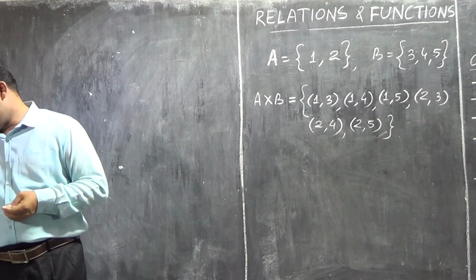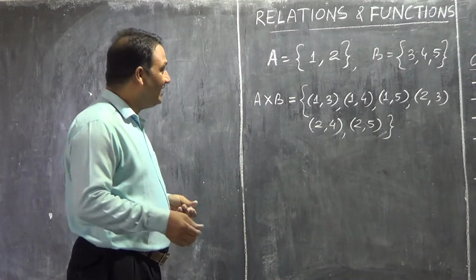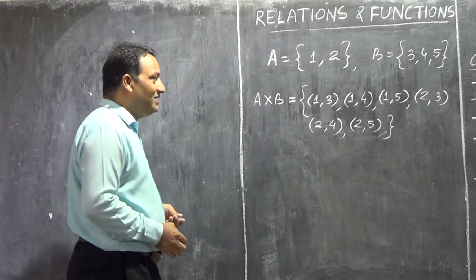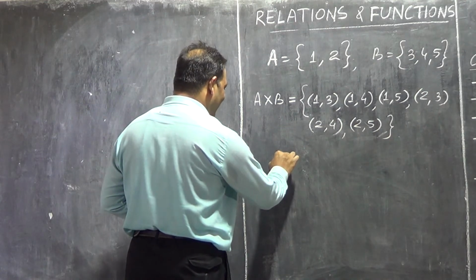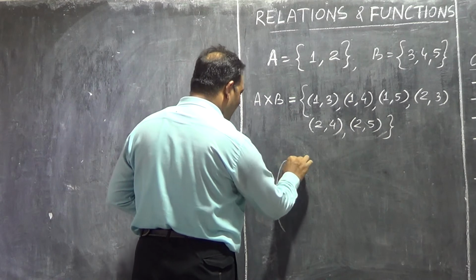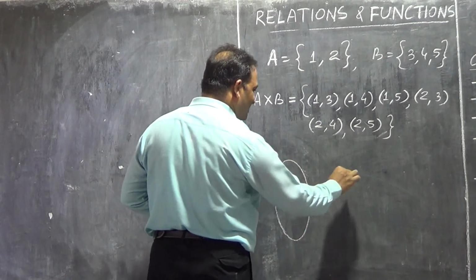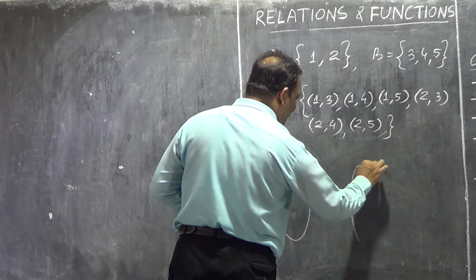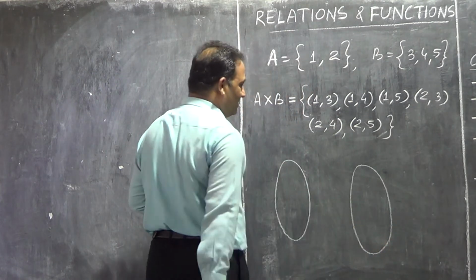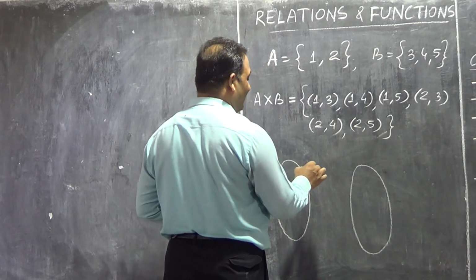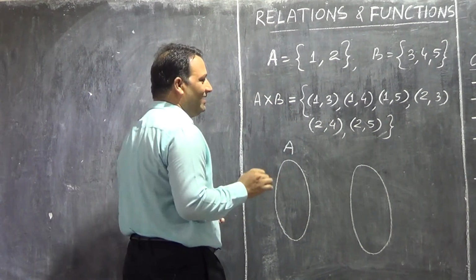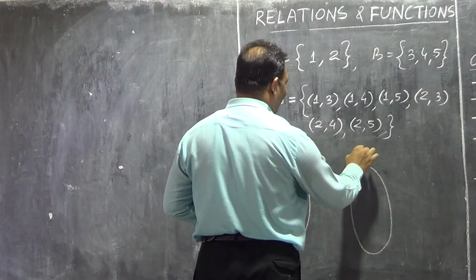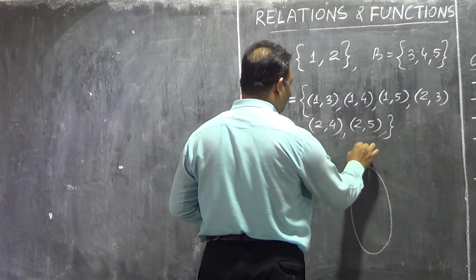So we can go for pictorial representation, that is by drawing an arrow diagram, or graphical representation, that is with the help of the coordinate axis. Here I am representing this A cross B pictorially by the arrow diagram method.